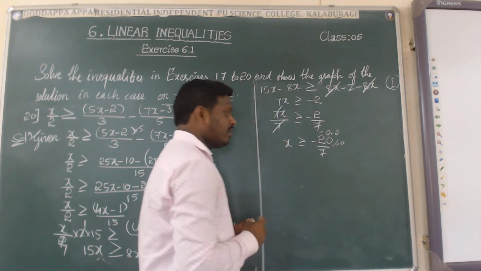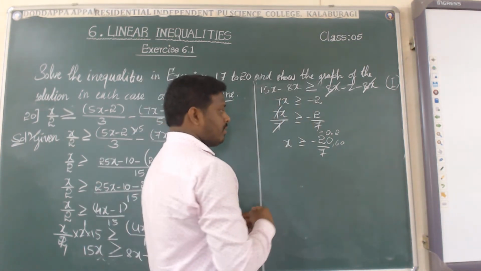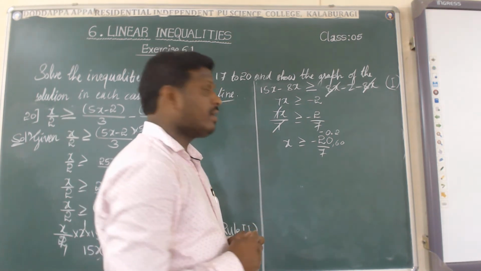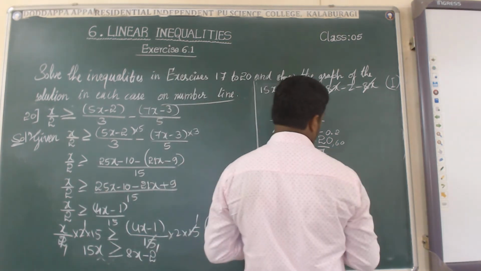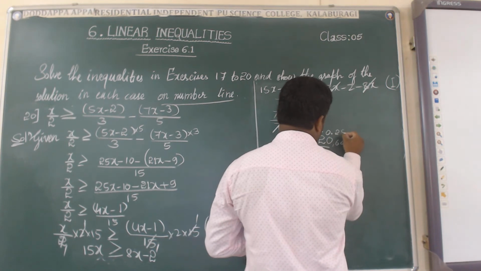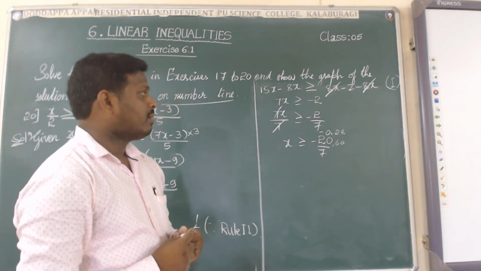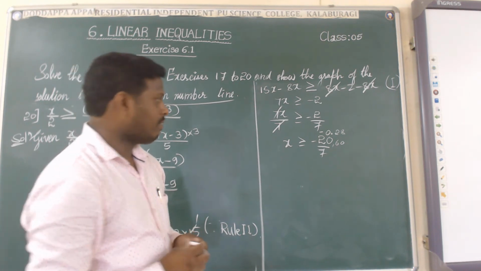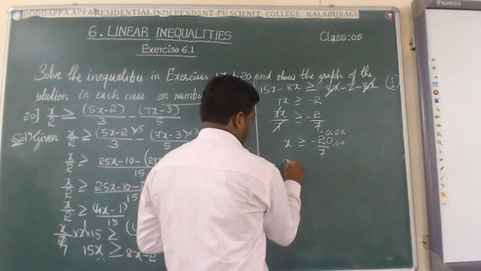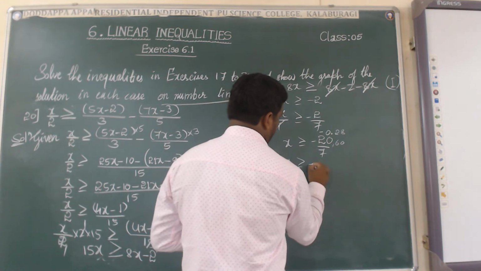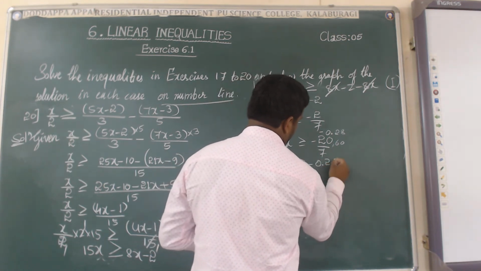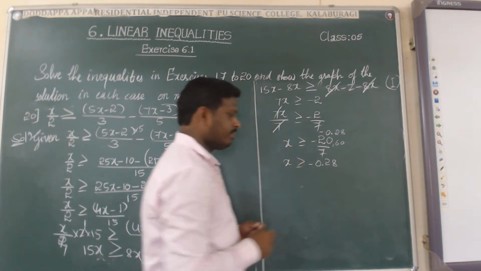So nearest to 60, which one is there? 7 8 56 will come. So 8 will come. So minus 2.28 will be coming. The value of x here in simplification form is minus 0.28 something.